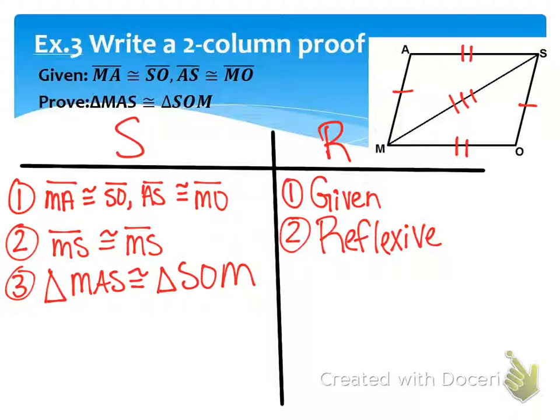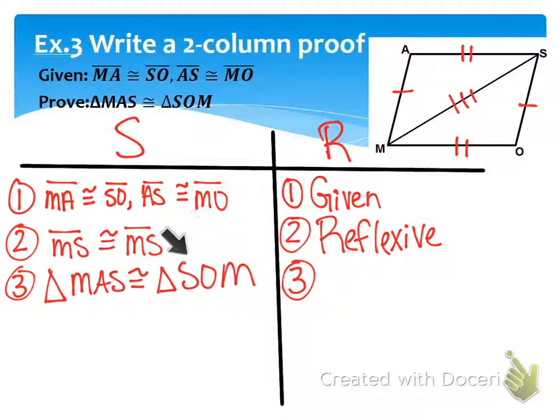Now, one thing that I do want to point out real quick is that if we look at that congruent statement that they gave us, here, angle M, they're saying is congruent to which angle? S, which is a little strange, right? But they don't necessarily mean this whole angle congruent, like we're talking about angle AMS probably.